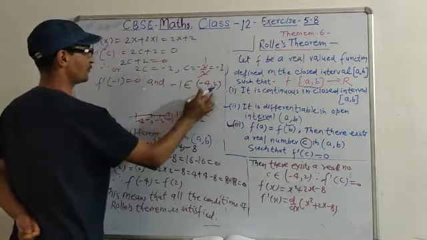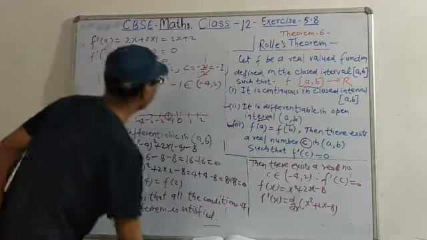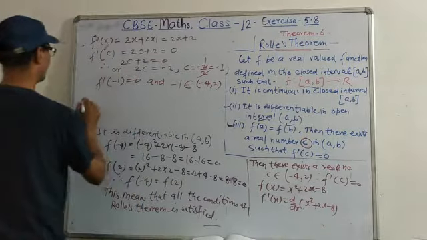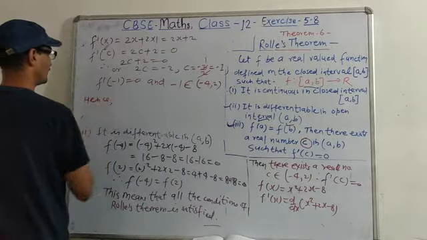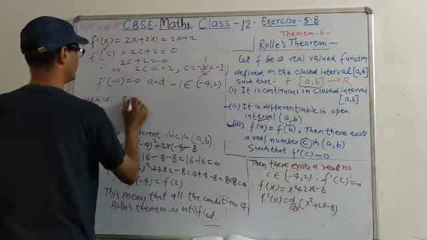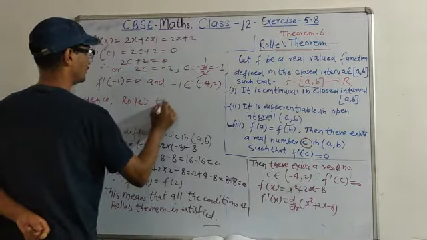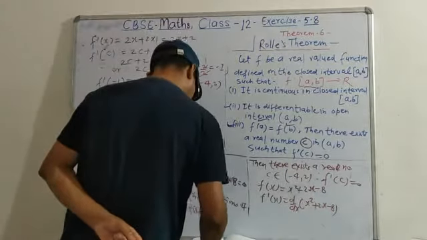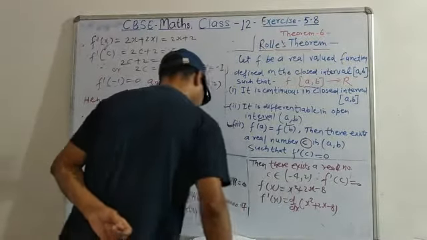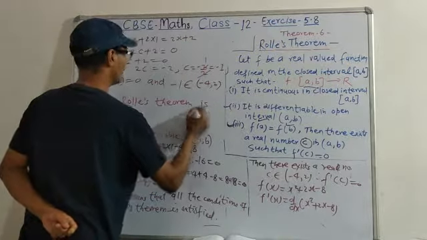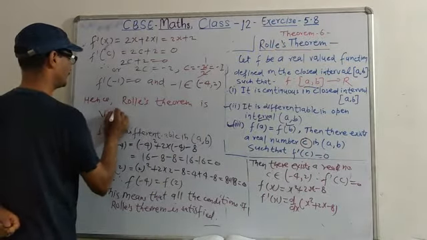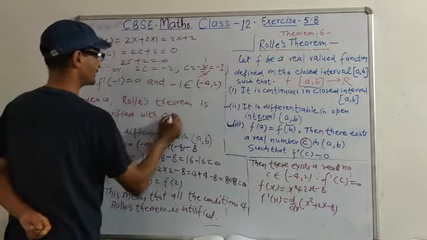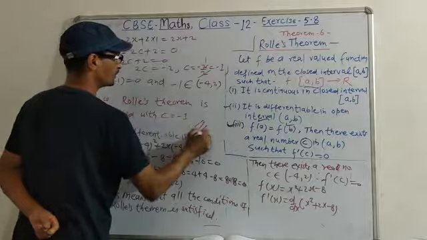That means between minus 4 and 2 comes minus 1. Hence Rolle's theorem is verified, with c equal to minus 1. So this is the complete solution.